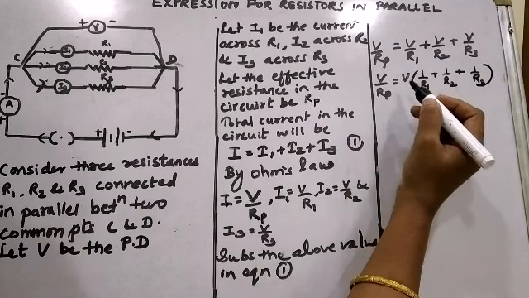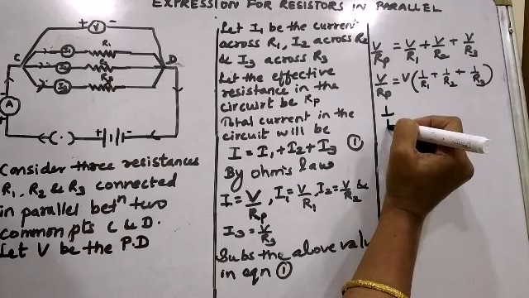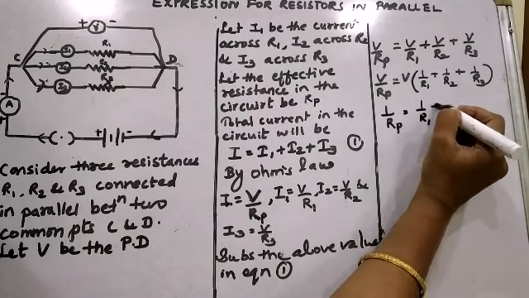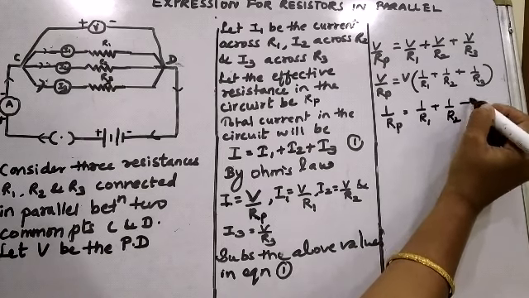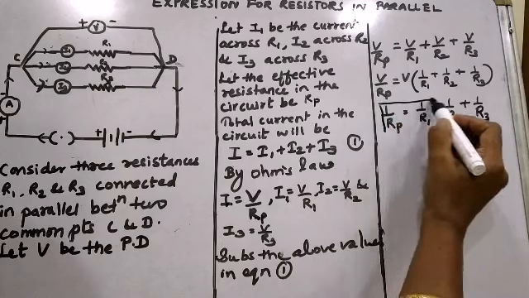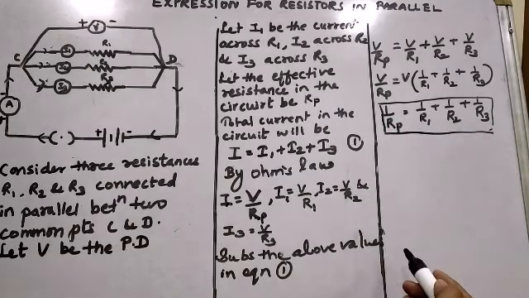Now V will get cancelled from both the sides, and we get 1 upon Rp is equal to 1 upon R1 plus 1 upon R2 plus 1 upon R3. This is the expression for resistors in parallel. When three resistors are connected in parallel, the equivalent resistance is given by the formula 1 upon Rp is equal to 1 upon R1 plus 1 upon R2 plus 1 upon R3.